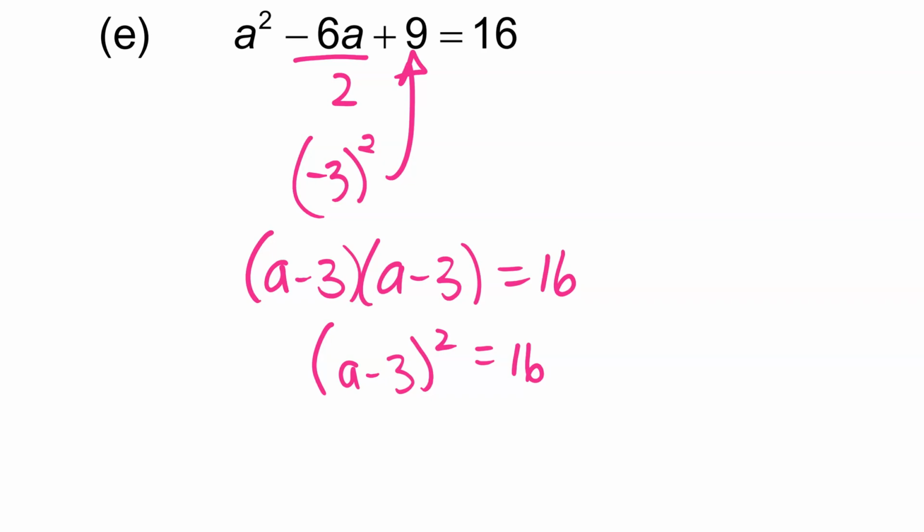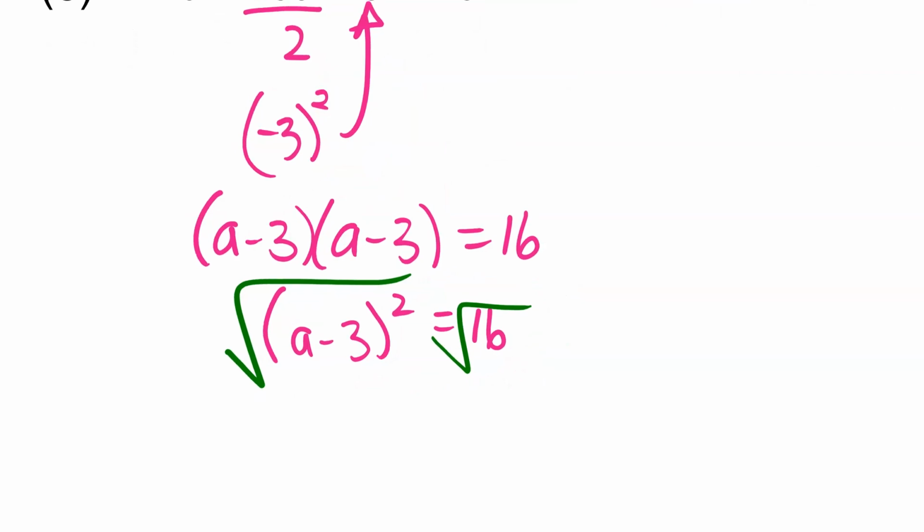So instead of saying a minus 3 times a minus 3, I say a minus 3 squared. And then if I'm trying to get a by itself, I take the square root of both sides. So it'd be a minus 3 equals plus or minus 4.